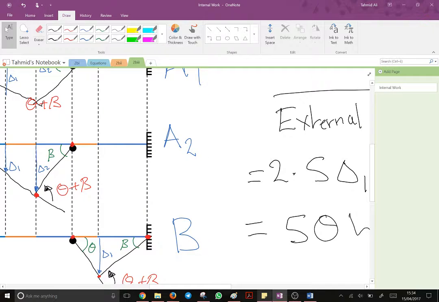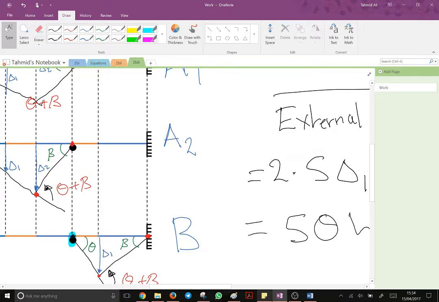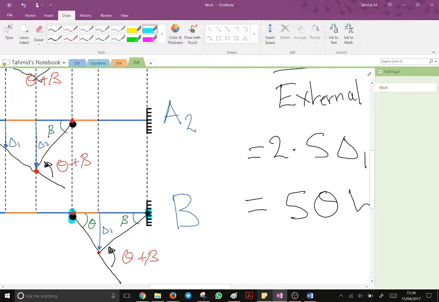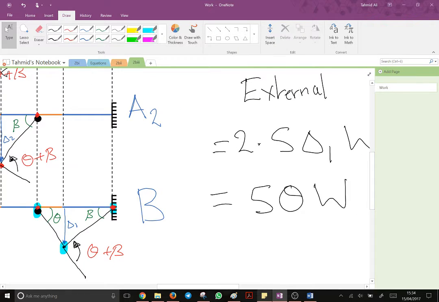However, since we're considering this mechanism now, a hinge can form here and a hinge can form here because this is a rigid support, and the hinge can obviously form in between the beam.